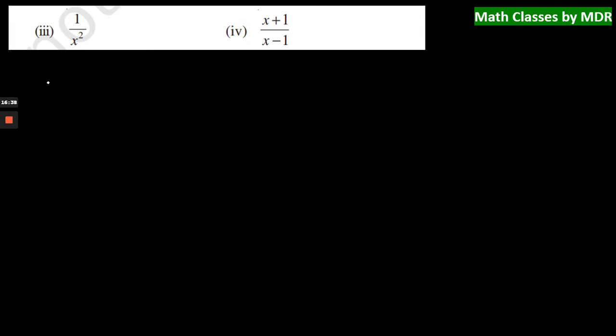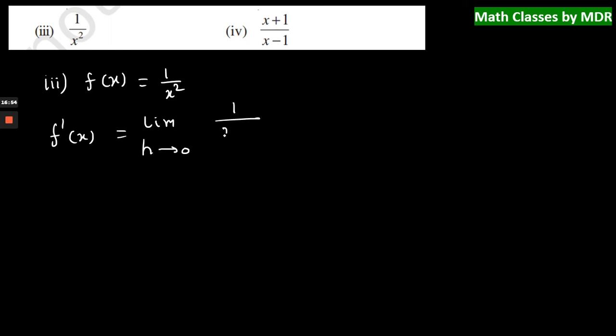Now the given function here is f of x is 1 by x square. So we know that f prime x is limit h tends to 0, right? f of x plus h. What is f of x plus h here? 1 by (x plus h) whole square, minus f of x as it is, 1 by x square, whole divided by h.